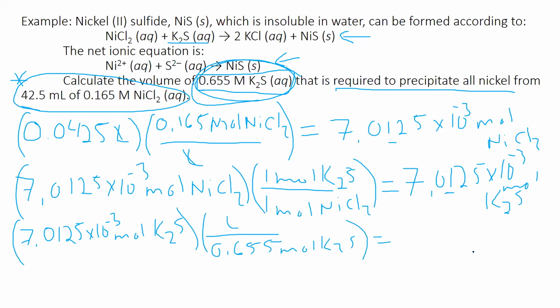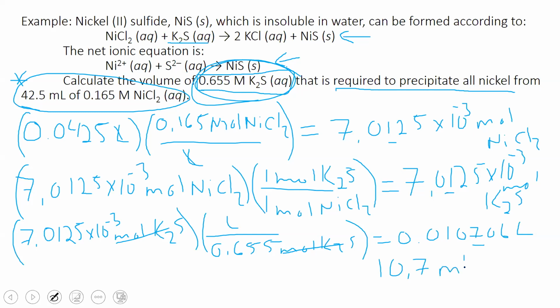When you do that, the moles of K2S cancel out, and you wind up with a volume. And so you wind up with 0.01076 liters of that solution. Since we have 3 sig figs, I would generally change that to milliliters, so 10.7 milliliters.